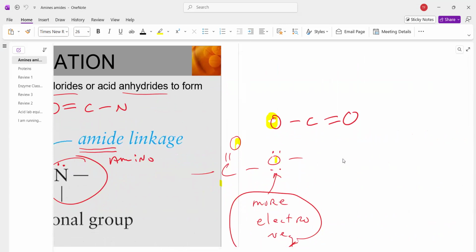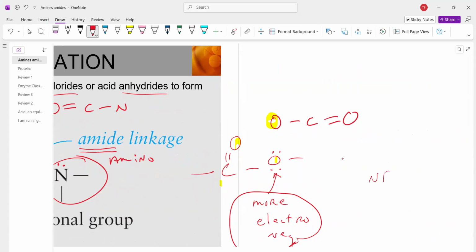Now, the oxygen is more electronegative than the nitrogen, so increasing electronegativity.